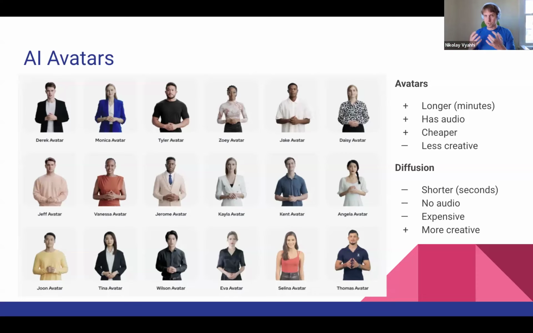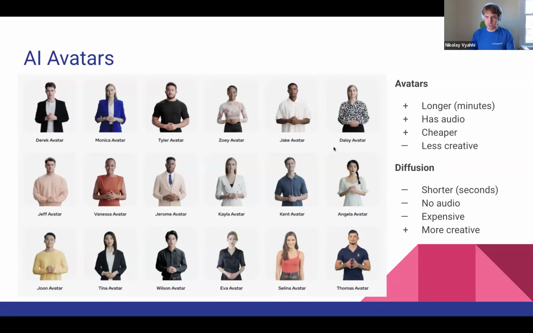Most AI avatars like HeyGen basically rearrange this pre-existing video of the person into something that fits the audio better, and they also do lip syncing so it looks more natural. That's why it's cheaper, and diffusion models are expensive. But avatars are less creative.